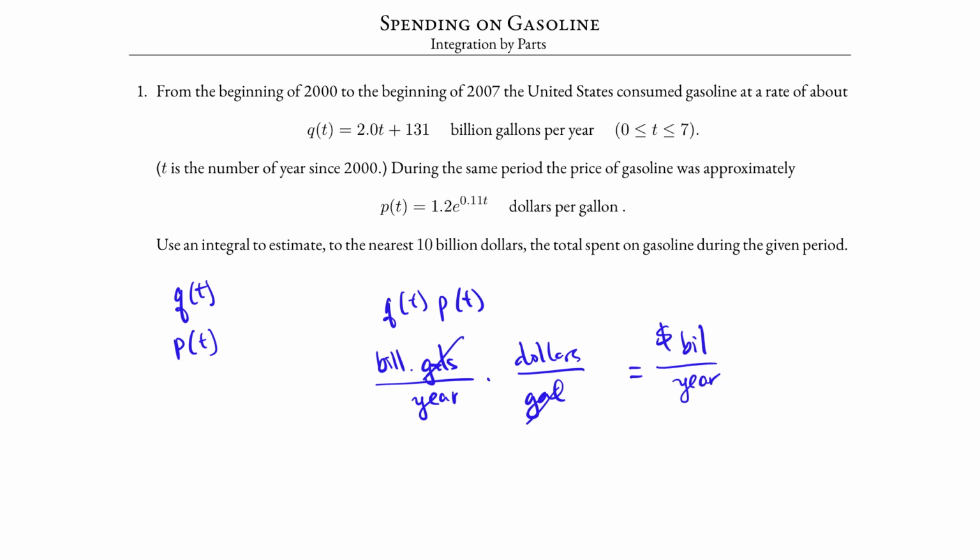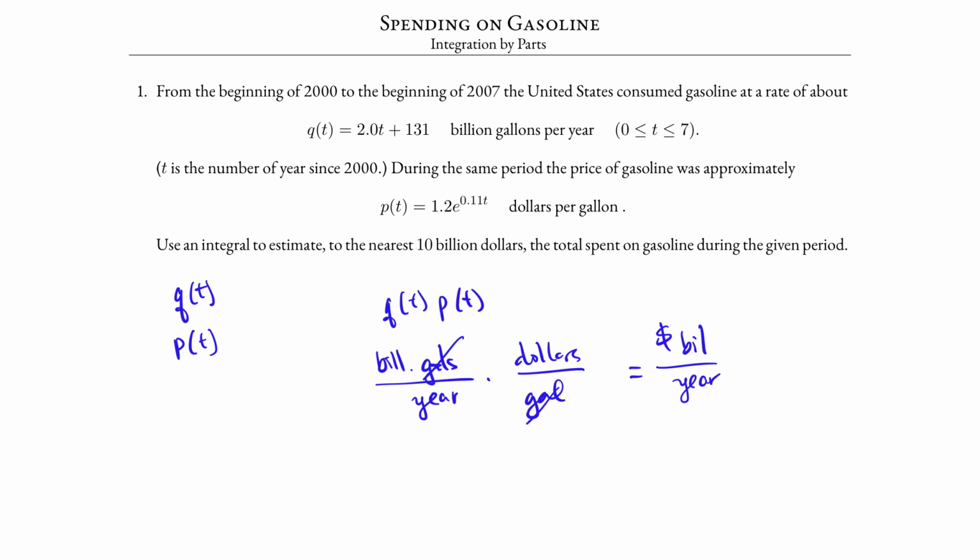Now we are looking for the total spend, meaning we're looking for the dollar amount during the given period. That is, we're looking for billions of dollars alone. Given that this product is a rate, to get the quantity in billions of dollars alone, we would need to integrate this quantity.